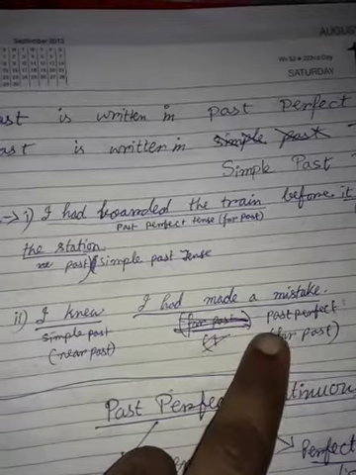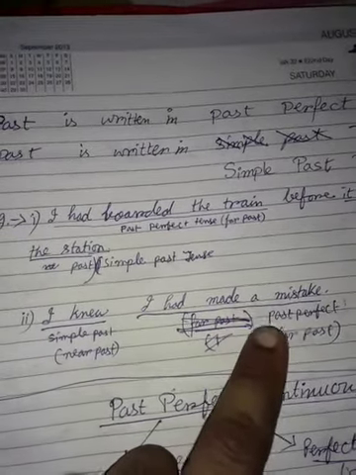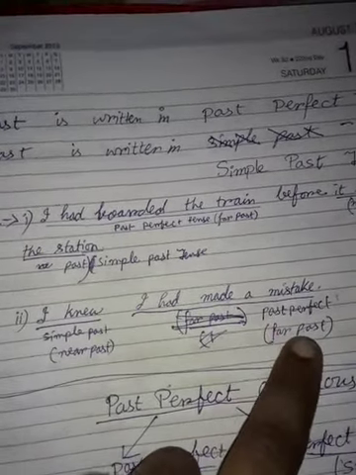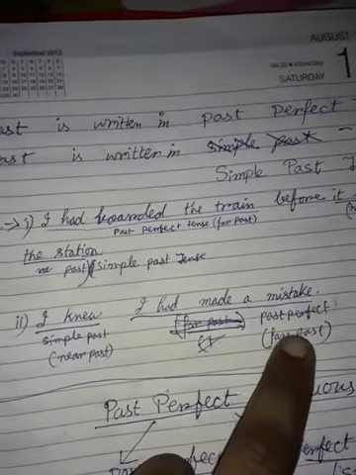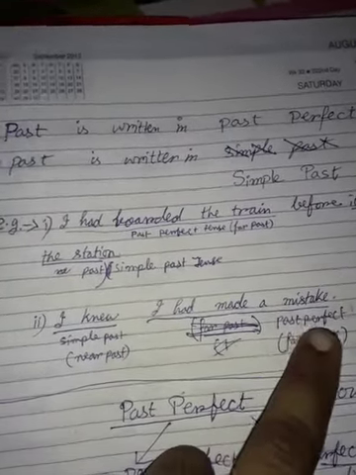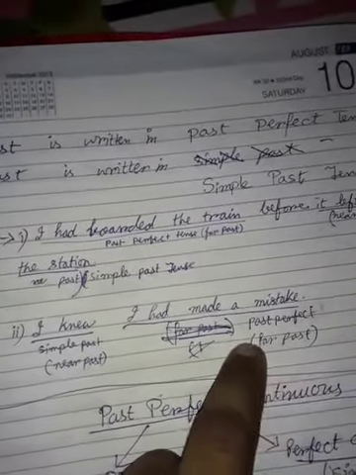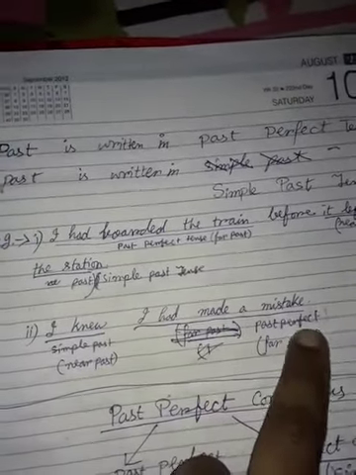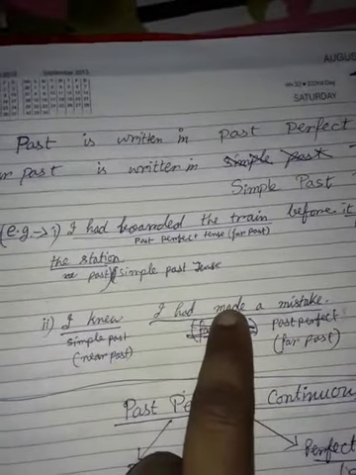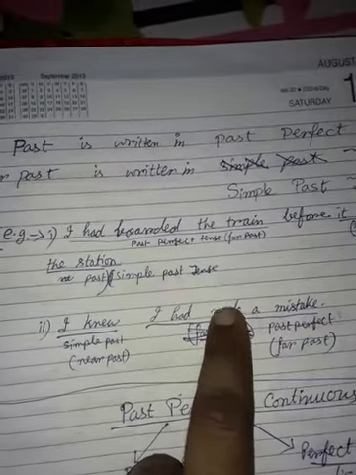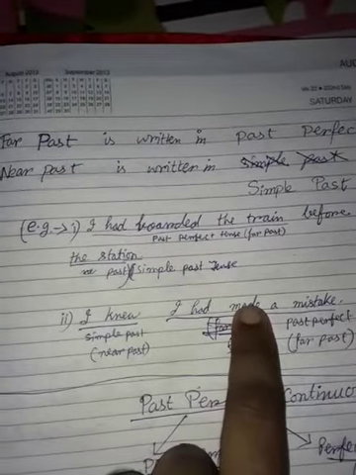So this part of the sentence is written in past perfect tense because it is far past. It had happened earlier. That's why it is far past. That's why it is written in past perfect: had plus third form of verb or past participle.